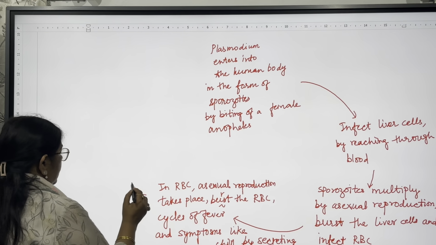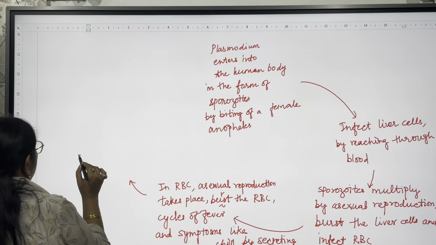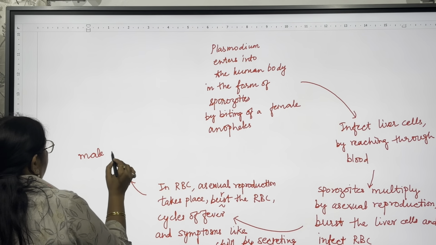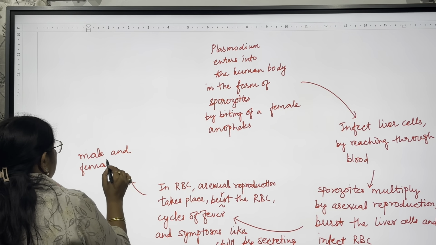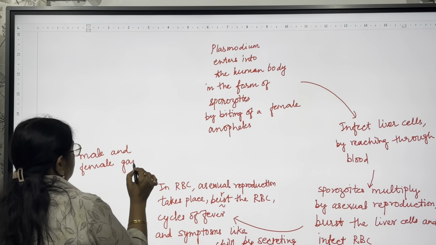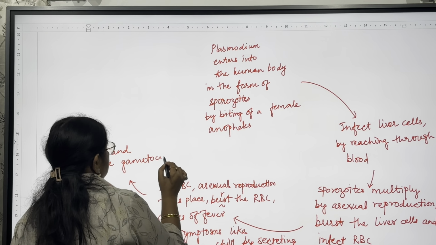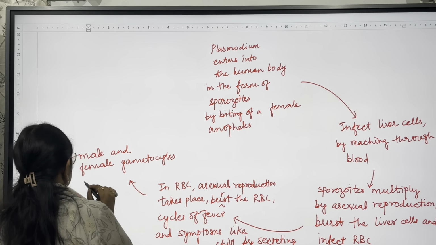Then what happens in RBC? Male and female gametocytes are developed.